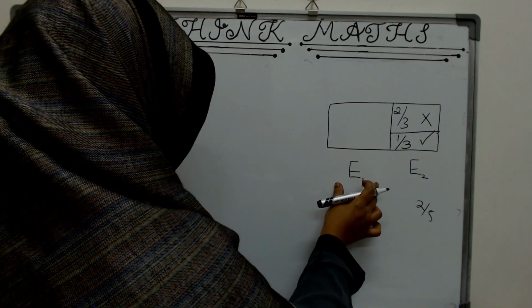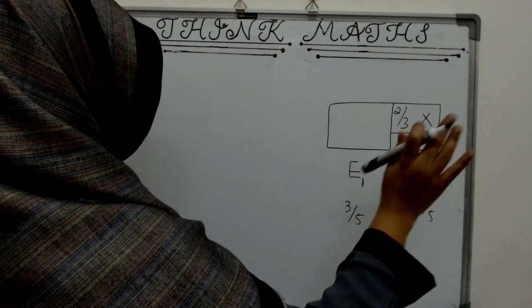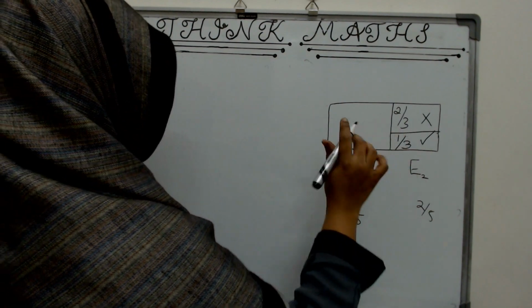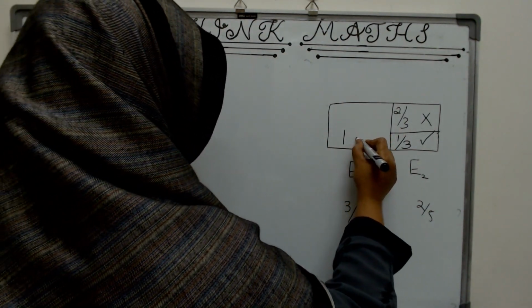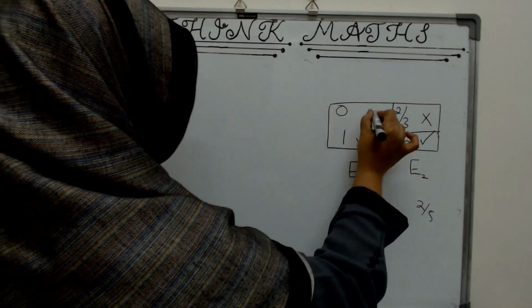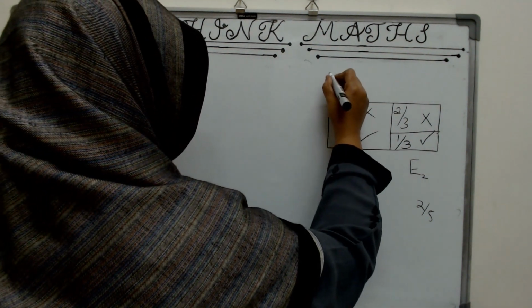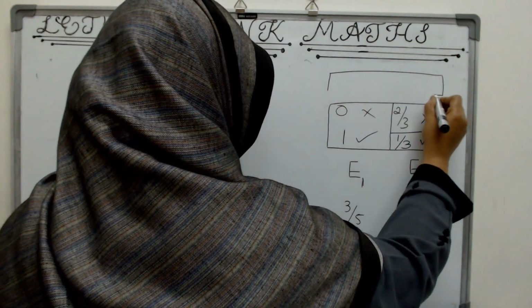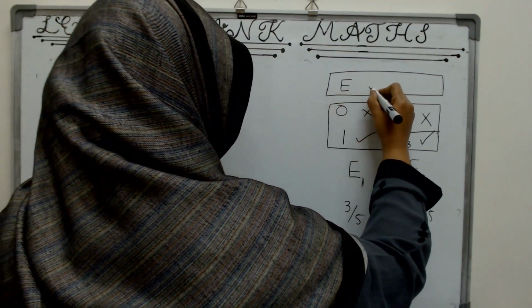What about E1? E1 is him knowing the answer, right? He knows the correct answer for sure. 100% it is the correct answer. So what is the probability of him knowing the correct answer? The full probability, 1. And what is the probability that it is wrong? It is 0.